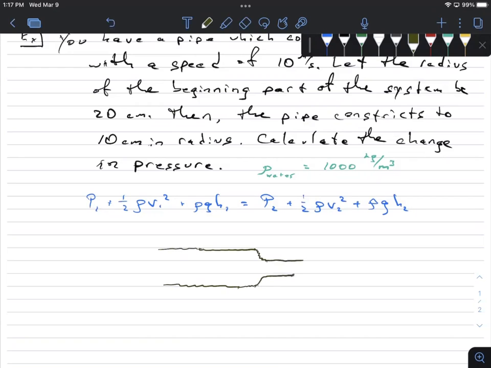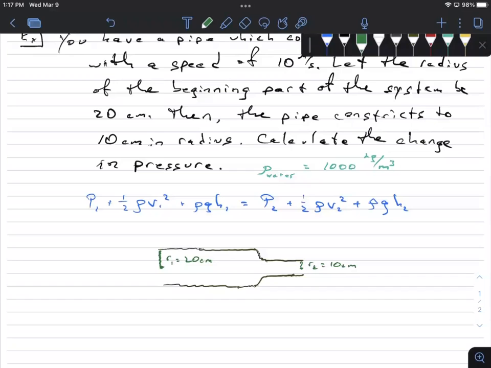And I'm told that the radius at the first part of the pipe, call it R1, is 20 centimeters. And the radius at the second part of the pipe, R2, is 10 centimeters. And what I'd like to find out is the change in the pressure.